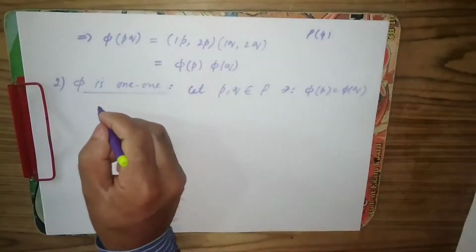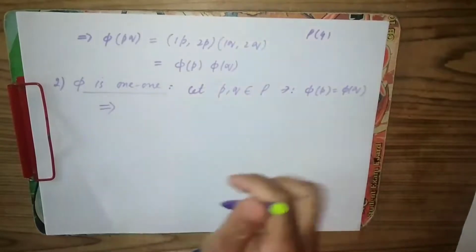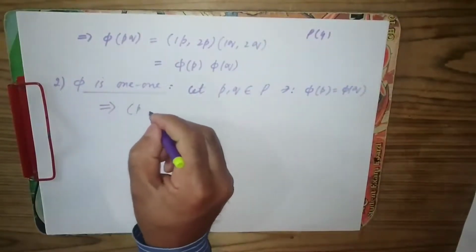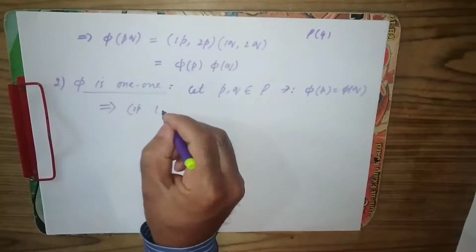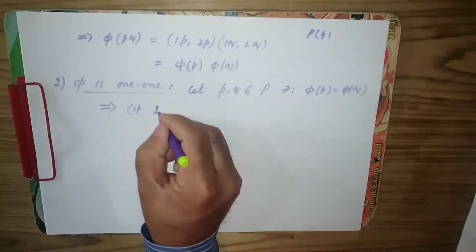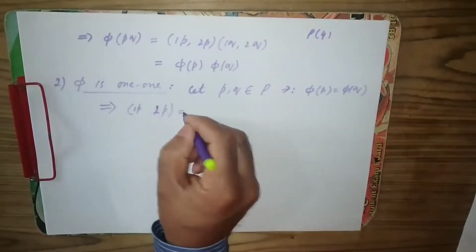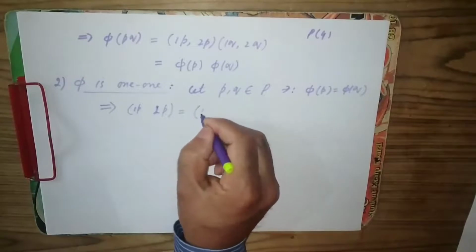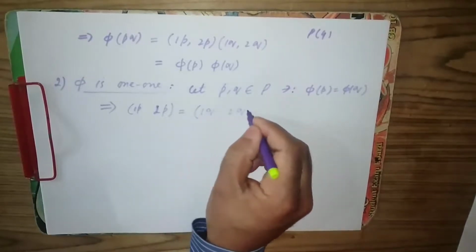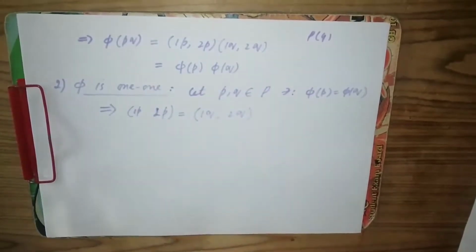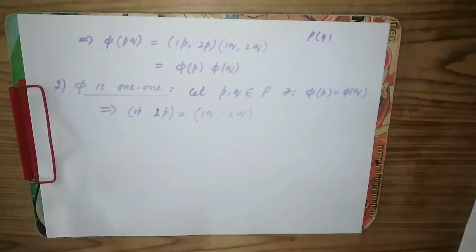So this implies, what's phi p? It's (1p, 2p), which is the same as (1q, 2q). That is the definition of the product here.